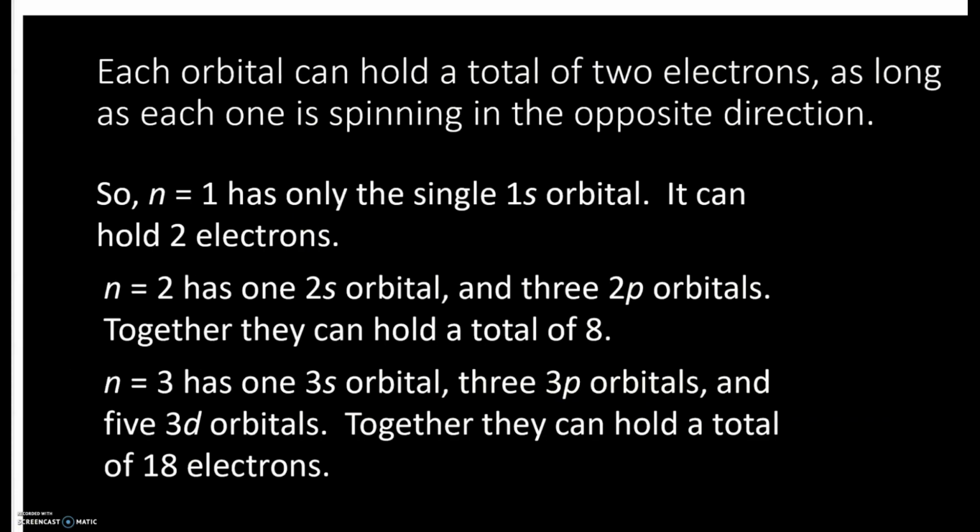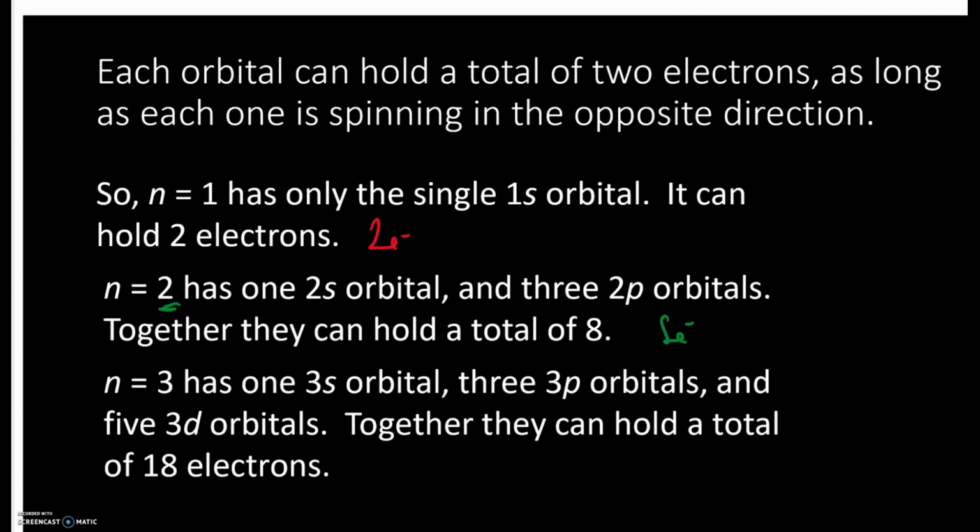So, energy level n being 1 has only the single 1s orbital, and it can hold a total of 2 electrons. Energy level 2 has 2 s orbitals, 1 of them, and it has p orbitals, 3 of them, and they can each hold 2 for a total of 8.